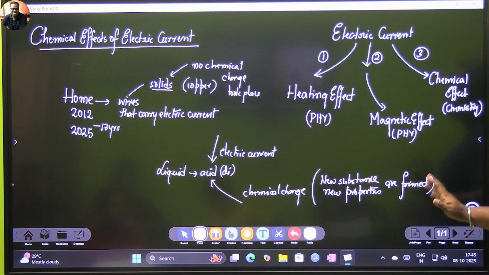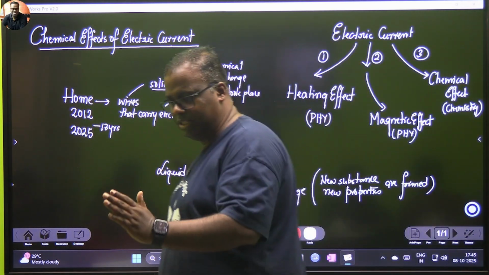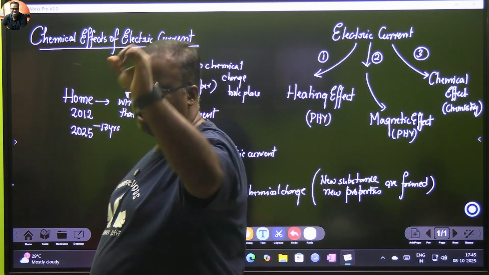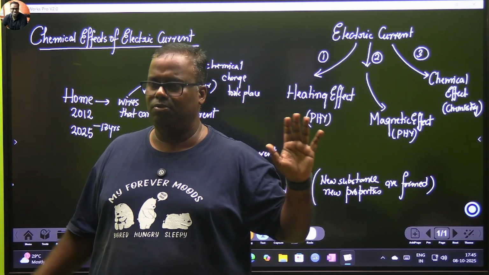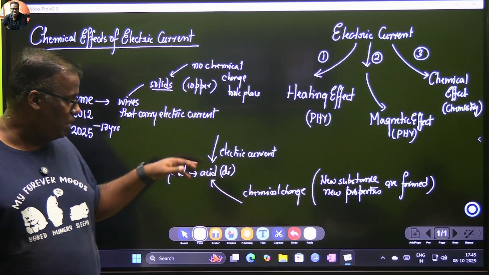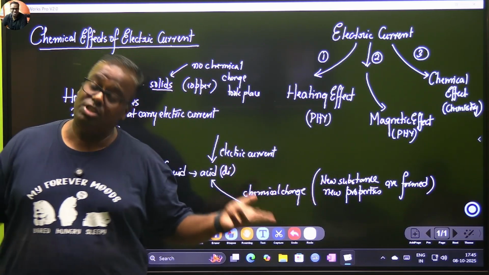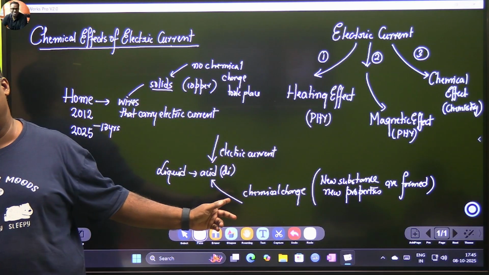But what I wanted to tell you is that when electric current flows through solids, typically conductors, they do not create any sort of change in them. And the live example is my house, your house. But if electric current is passed through liquids which conduct electricity, then they will create a chemical change in them.